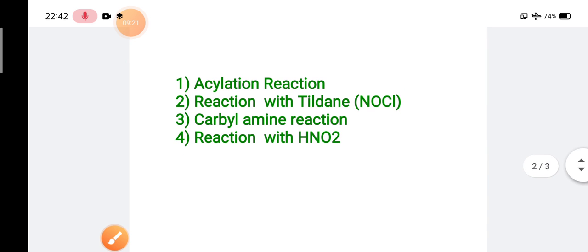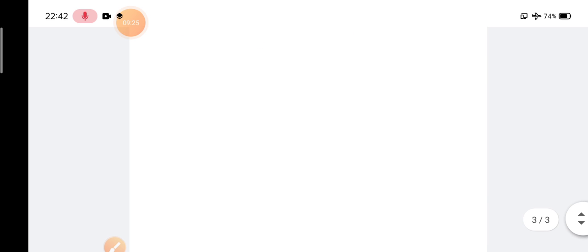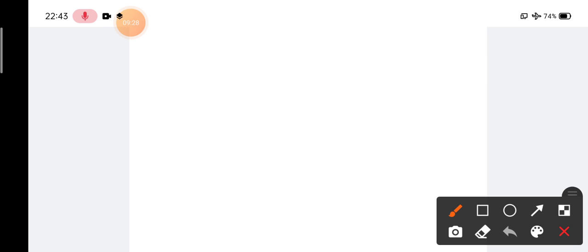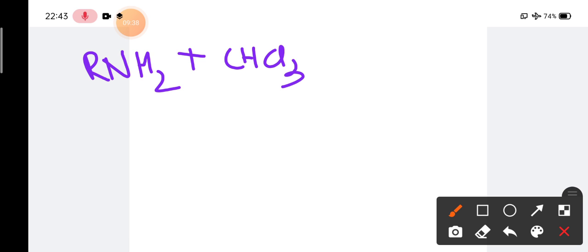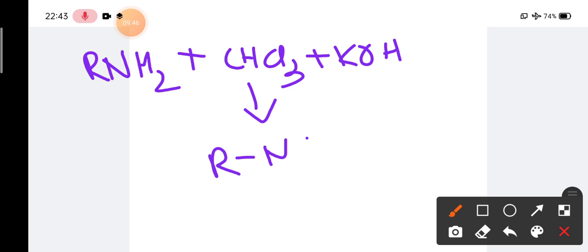So let's move to the next reaction. So the next reaction is the carbylamine reaction. This is a name reaction. So what happens? The carbylamine reaction is basically when we react RNH2 with CHCl3, that is chloroform, and KOH. Chloroform and KOH will give a product of RNC.